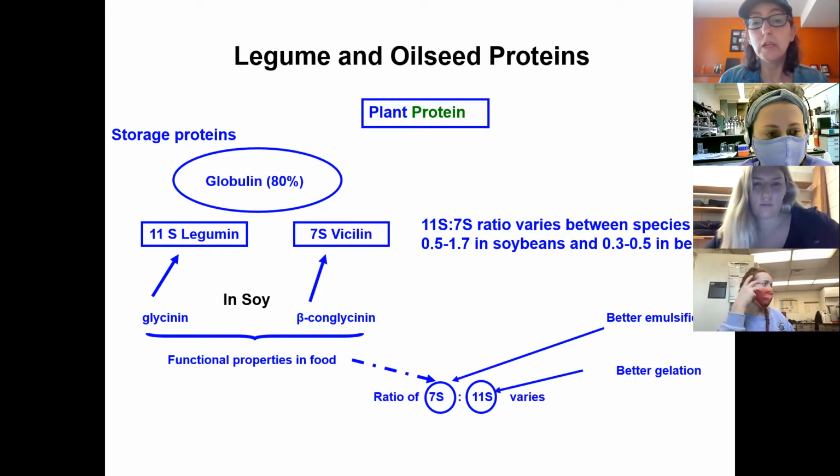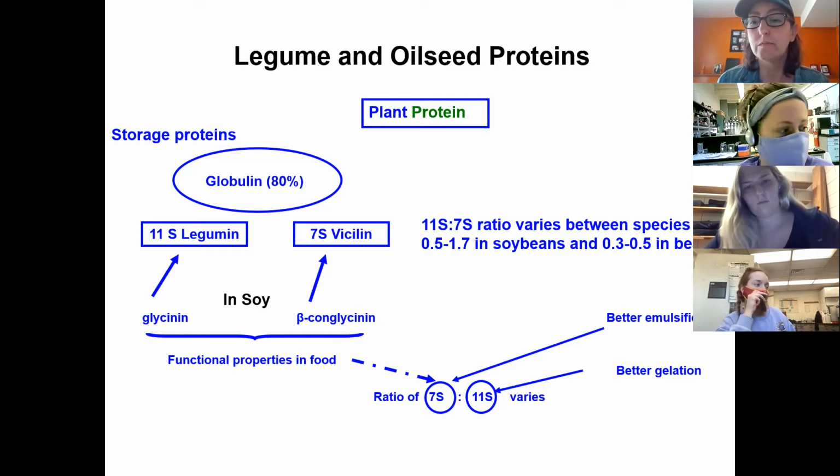The ratio of these globulin proteins is impacted by the variety as well as growing conditions. There are soybeans that vary in this ratio from 0.5 to 1.7, whereas in beans you have less 11S to 7S, so the ratio becomes even lower.